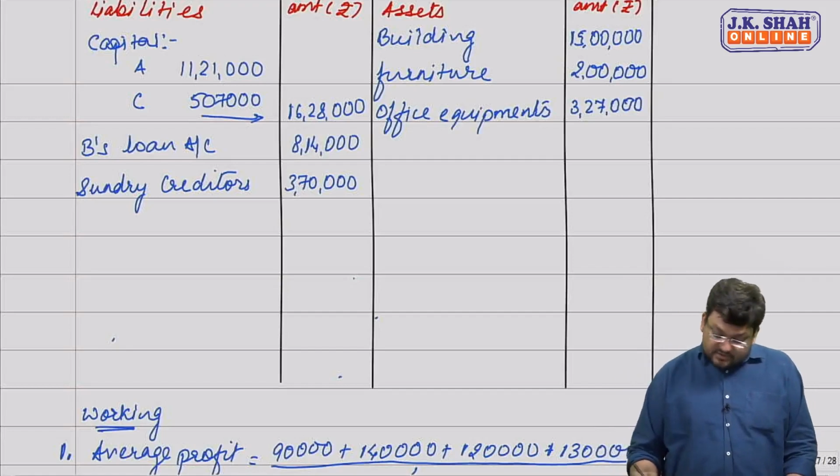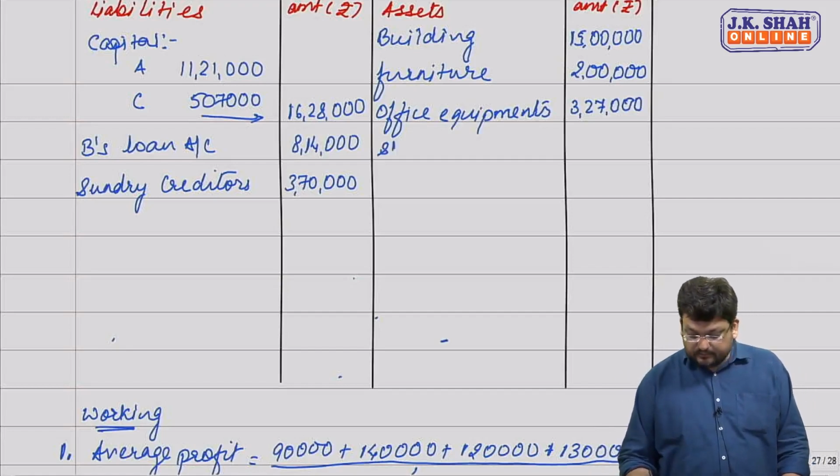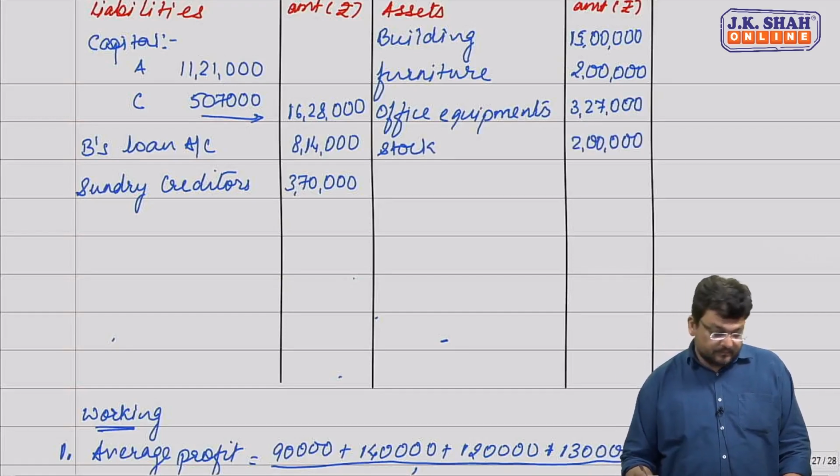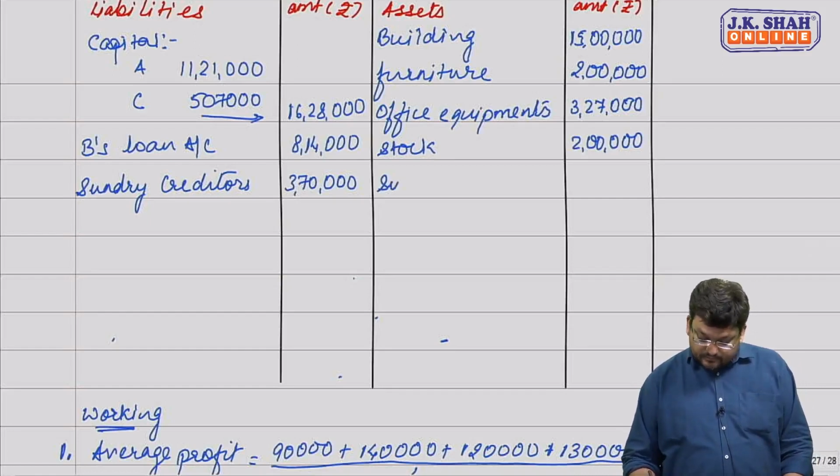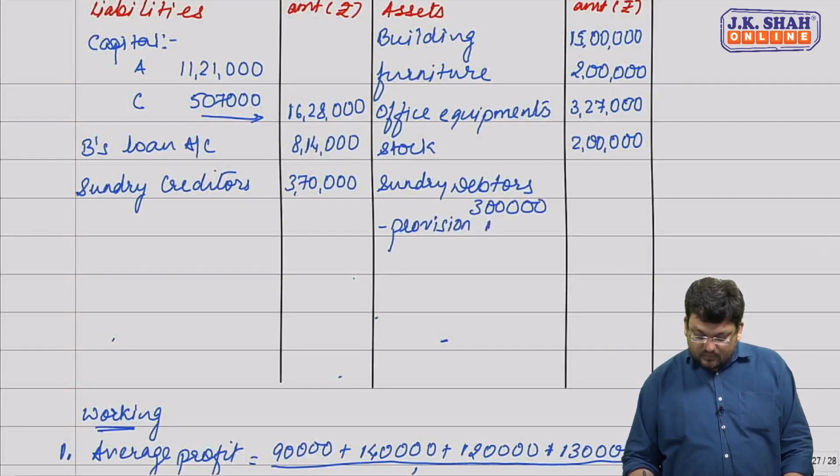Stock revised value is 2 lakh. Sundry debtors are of 3 lakh, on which we have created provision of 15,000.